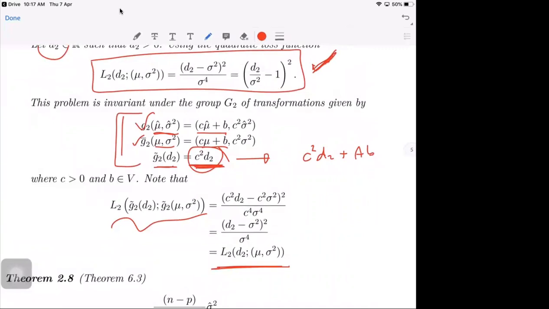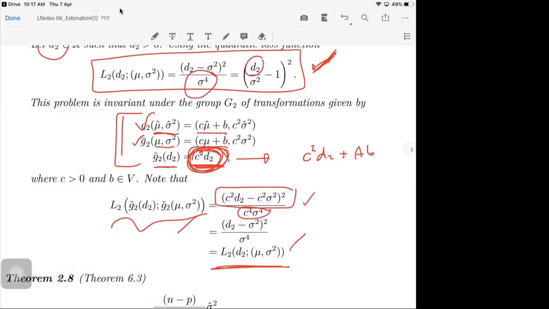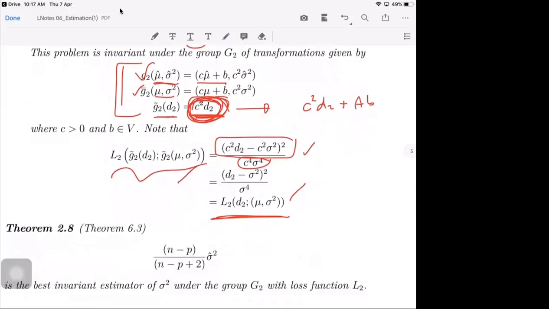So with this class of transformation, what you get is D2 over sigma squared minus 1, or (D2 minus sigma squared) quantity squared over sigma to the 4th. So this is invariant under this loss function and this group of transformation G2.